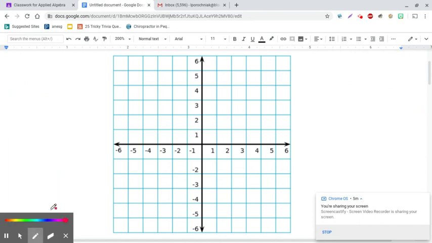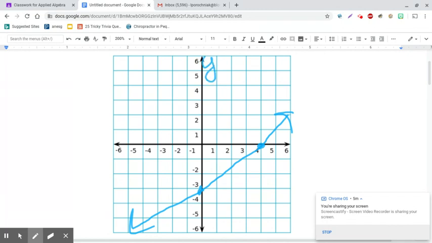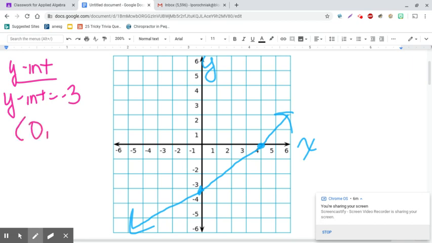There we go. Right there and right there. All right, remember this is your y, this is your x. Okay. I want to find the y-intercept. Let's look at y. Go all the way down. Where does it pass? A -3. So y-intercept equals -3 or 0, comma, -3, right?